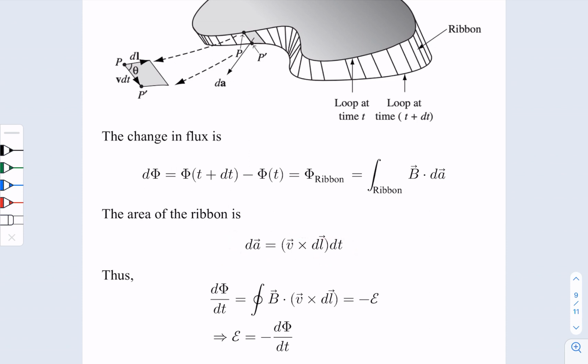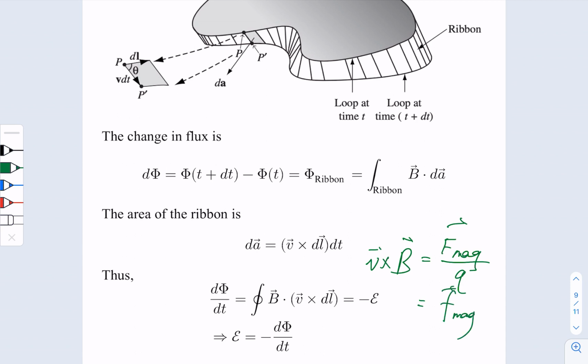Now you multiply this area by B dot dA, and this gives you the flux. We can rearrange the terms a little bit, because here we have B dot V cross dl, but what we are familiar with is V cross B. The V cross B is the magnetic force per unit charge, the little f.